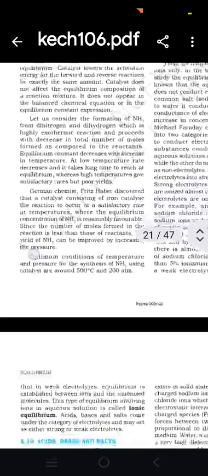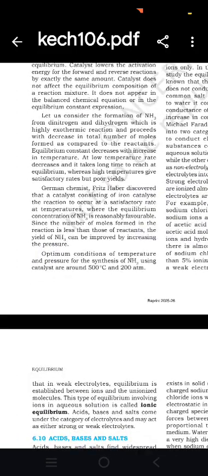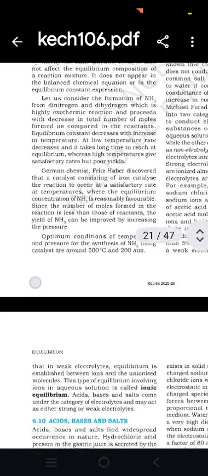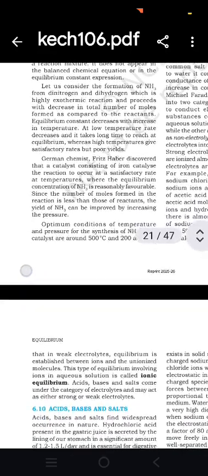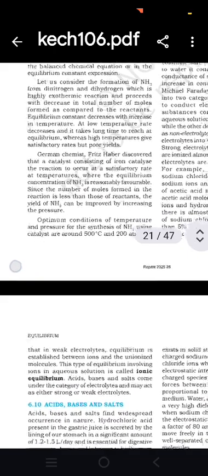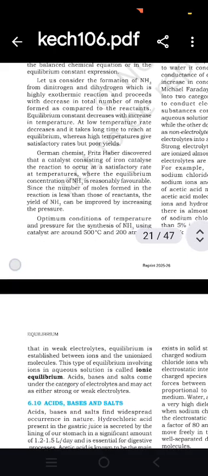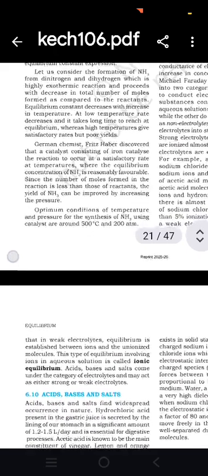Let us consider the formation of ammonia from dinitrogen and dihydrogen, which is a highly exothermic reaction and proceeds with a decrease in the total number of moles formed as compared to the reactants. The equilibrium constant decreases with an increase in temperature. At low temperatures, the rate decreases.